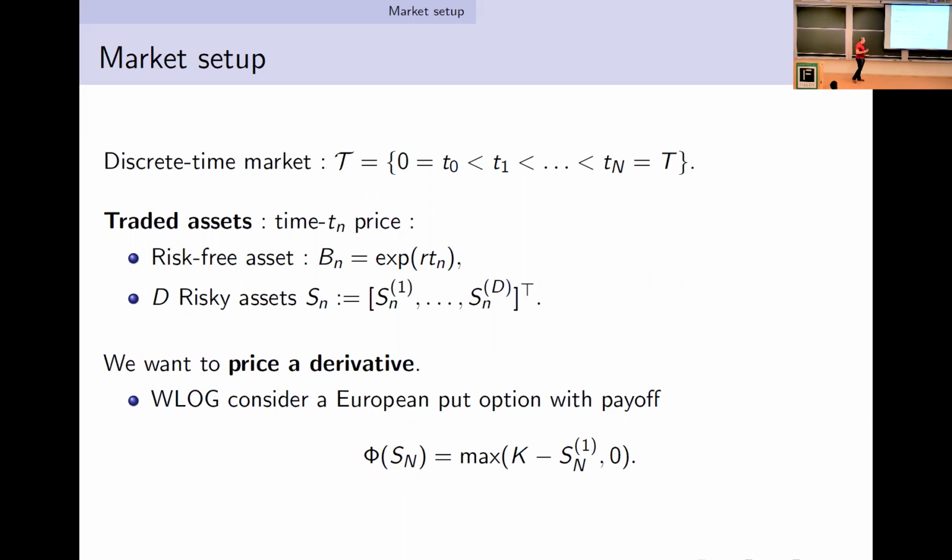And we will want to price a derivative whose payoff at time capital T is given by this. So let's consider, without loss of generality, a European put option, but of course this methodology can apply to a vast number of other derivatives. Okay, but for now we consider a put option whose underlying asset is S1, the first of the risky assets in the market.